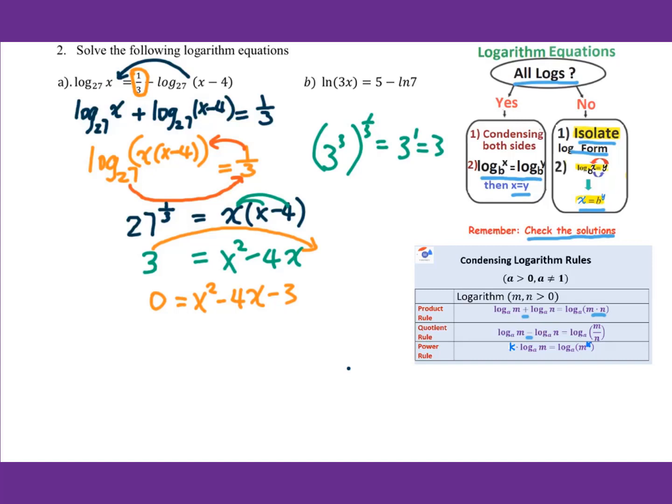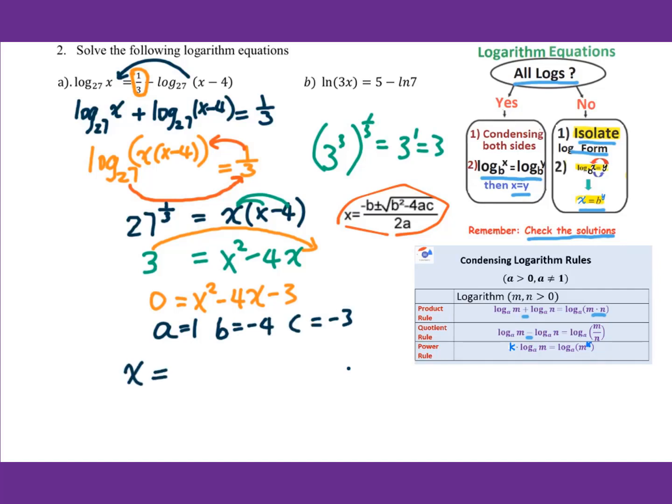Since we cannot factor this with integers, you have to use the quadratic formula. So we got a equals 1, b equals -4, c equals -3.